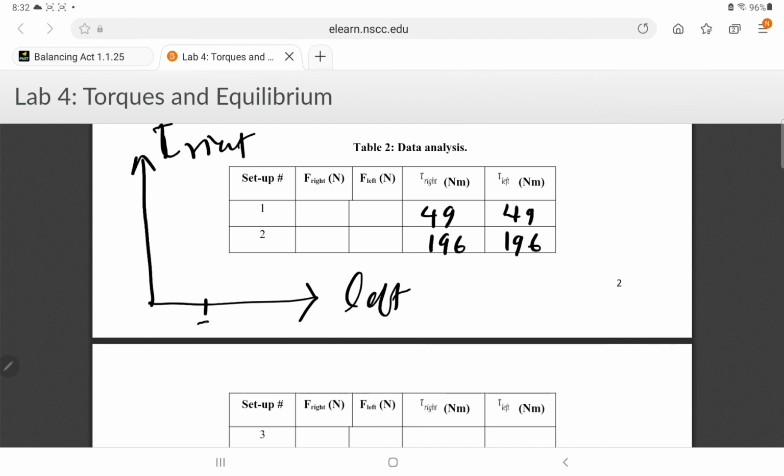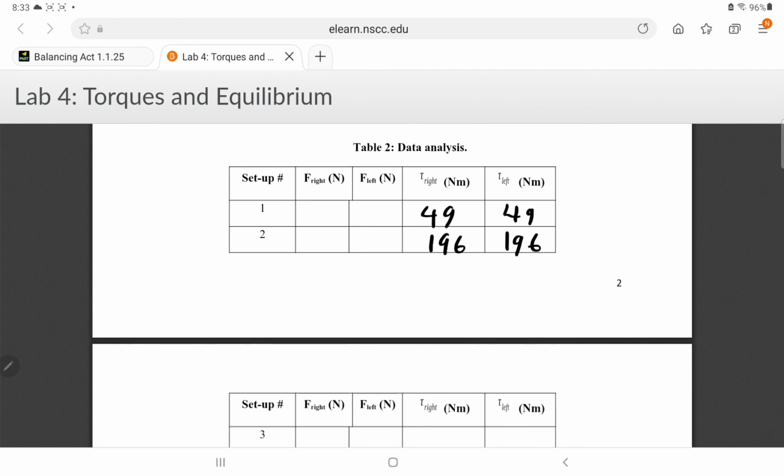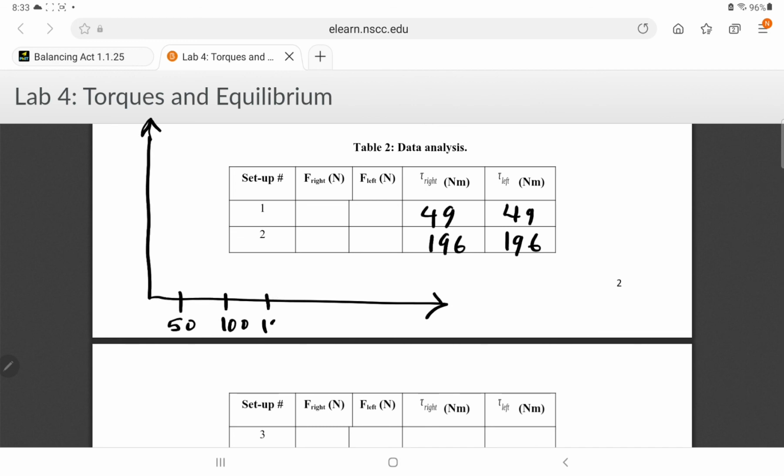Suppose that this is 50 and this is 100, and then let me elaborate this one a little bit so that it will be easier for me to draw. Suppose that this is 50, this is 100, this is 150, and this is 200.